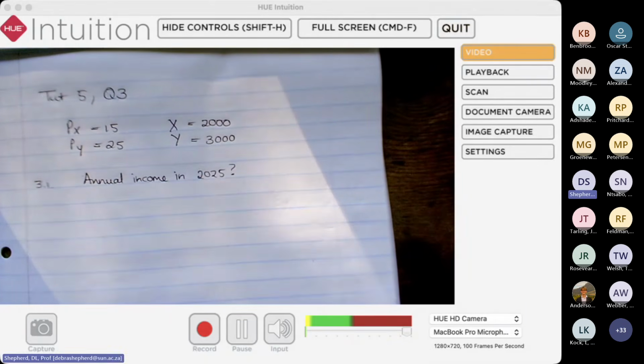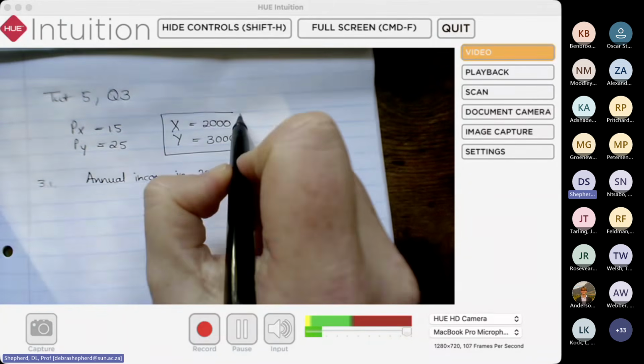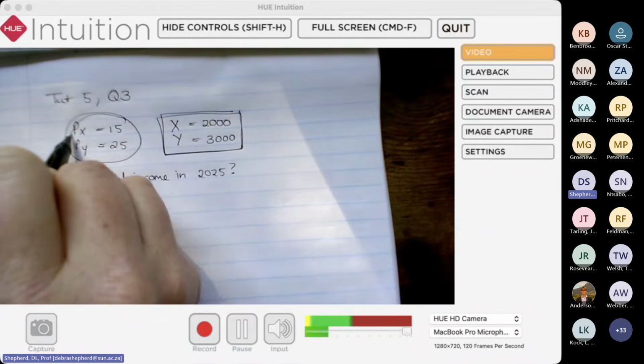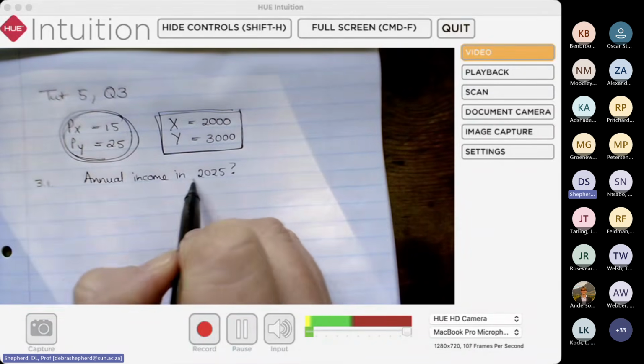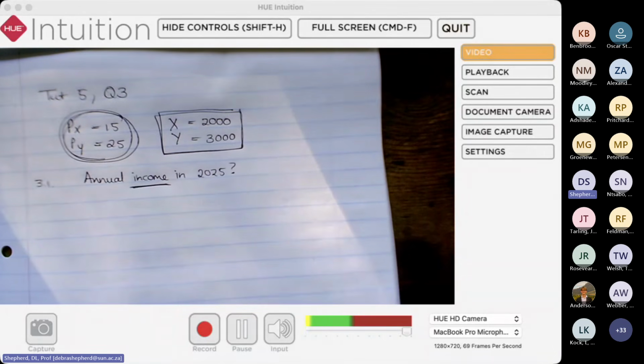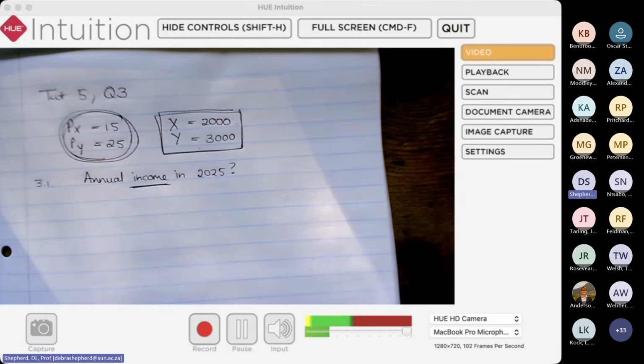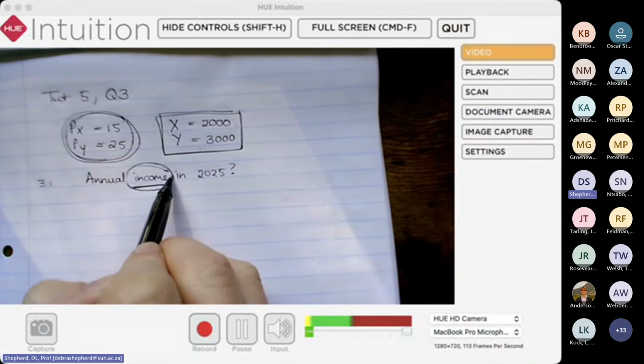What we need to know here is that she chose to consume this combination, facing these prices and having some income that she could divide between these 2 goods. That tells me this combination is her best affordable consumption point, her best affordable bundle. And a best affordable bundle is one that uses up all income.